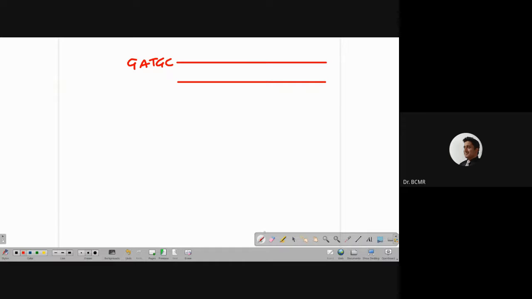So this is the DNA, and TACATG, AC, CTA, CG. This is the 5 prime, and here is the 3 prime.